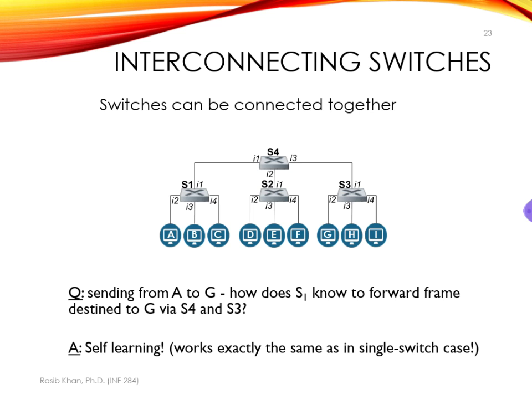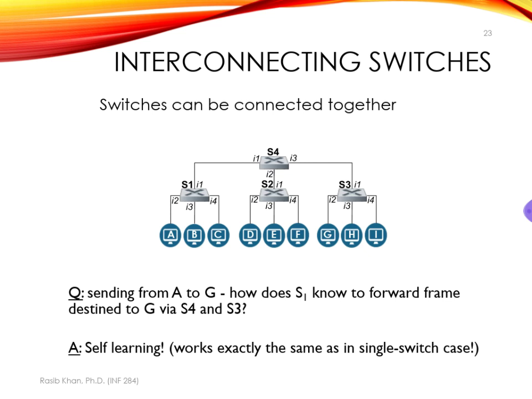Let's say in the given network structure, we have 4 switches: S1, S2, S3, and S4. Each of S1, S2, and S3 has 3 hosts connected to it, and these 3 switches are connected to a single switch, S4, all on separate interfaces.